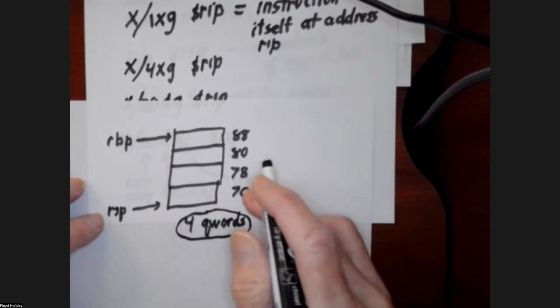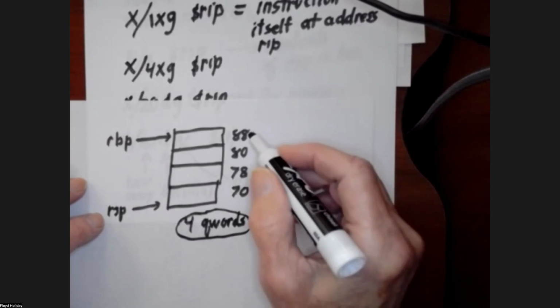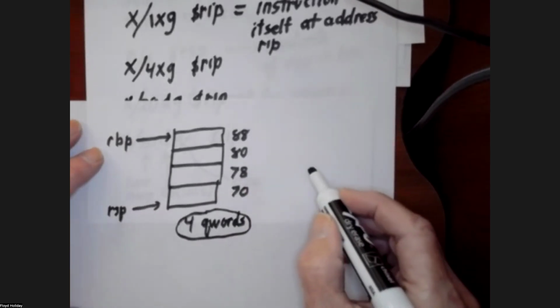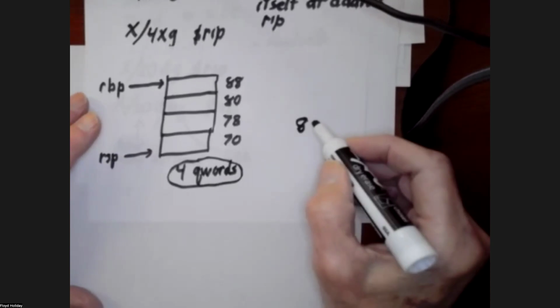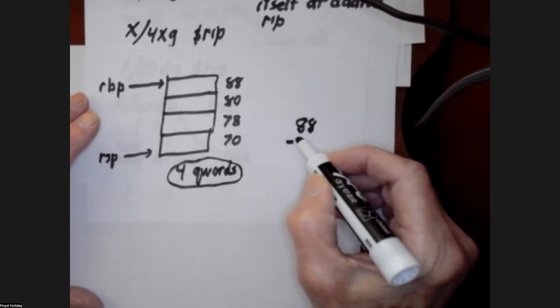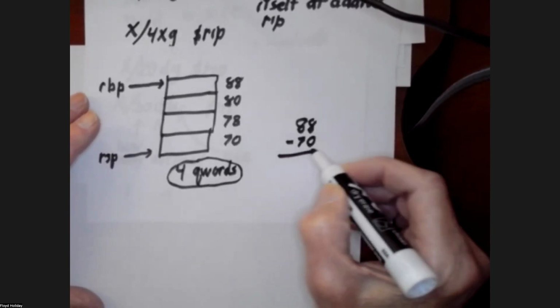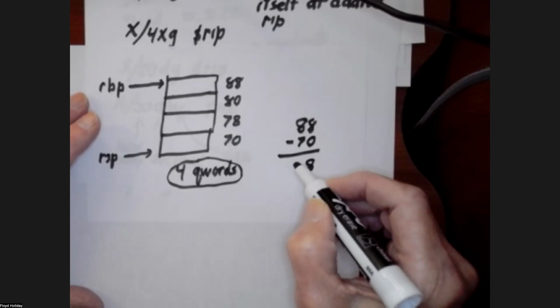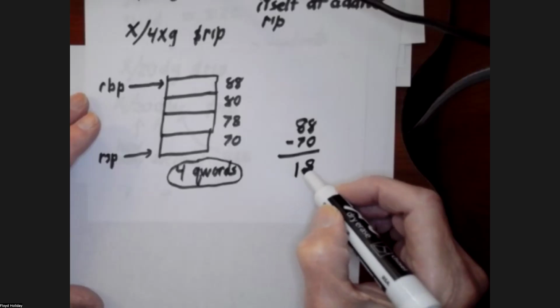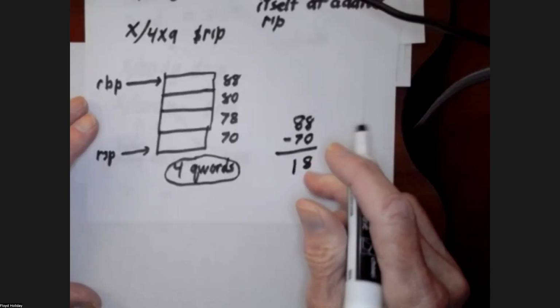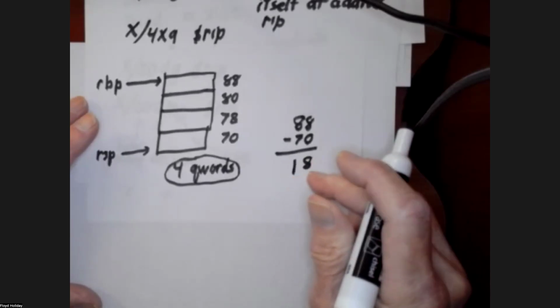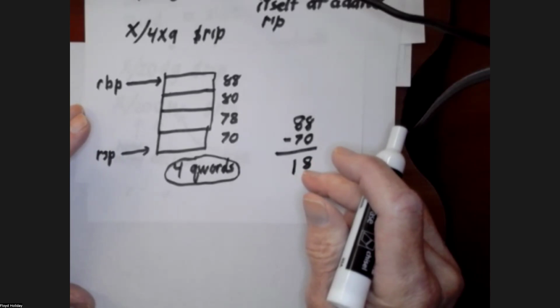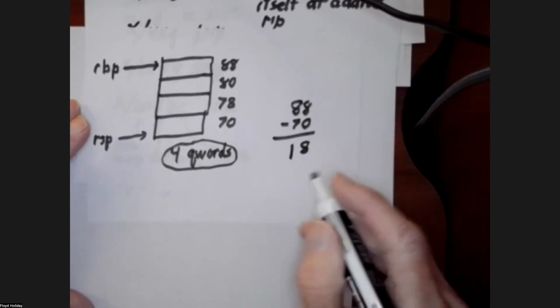So take the large one minus the small one: 88 minus 70. In hex, that's 16 plus 8 is 24.